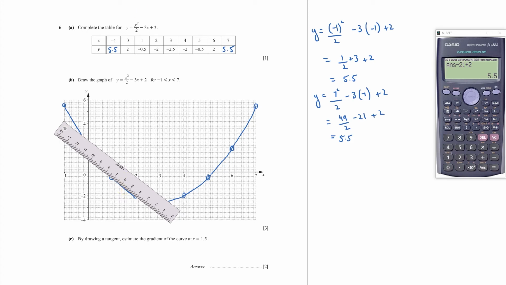So let's draw a straight line for this ruler here, starting at this point and then touching the graph. Let's continue it up till the end here.